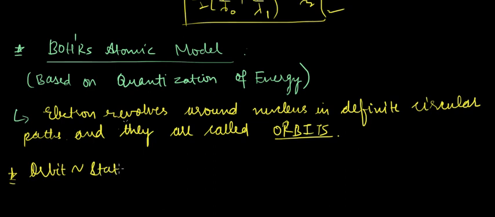Orbits are nothing but stationary states, as electrons while moving neither gain nor lose energy, or delta E would be 0.